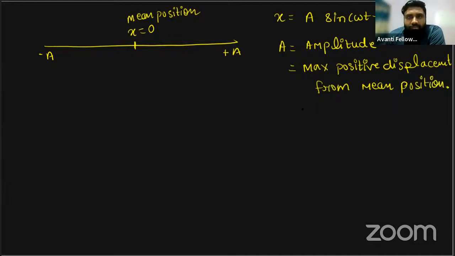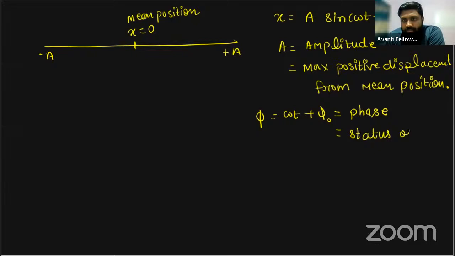Got it? Now this omega t plus phi naught, you can consider it to be phi totally. This is nothing but the phase of SHM. And what is phase? Phase tells us about the status of the particle executing or in SHM.